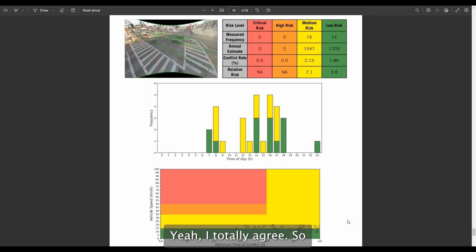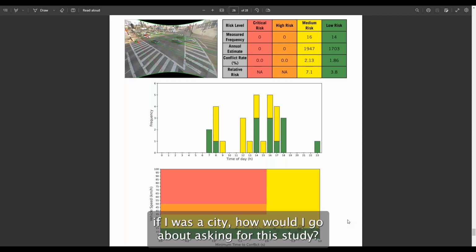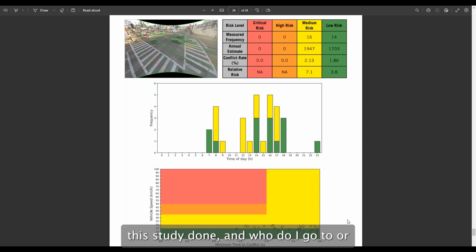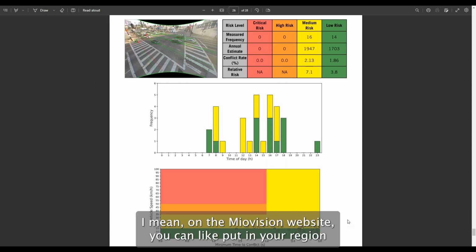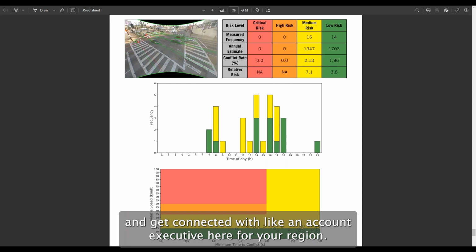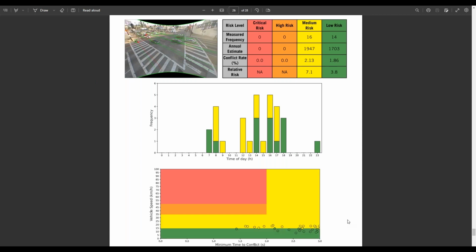If I was a city, how would I go about asking for this study? How do I get this study done, and who do I go to? On the Miovision website, you can put in your region and get connected with an account executive for your region.